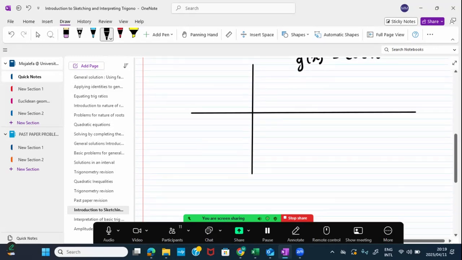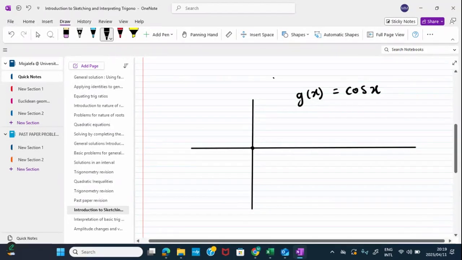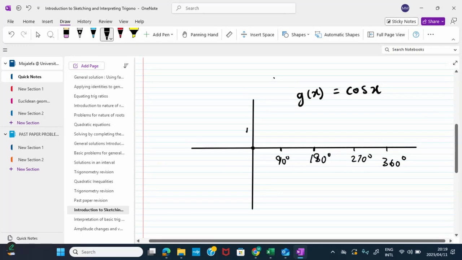So now let's sketch the one for cos x. Again, we can use the same domain: 0, 90, 180, 270, and 360, right? So cos 0 is going to be 1. Cos 90 is going to be 0.